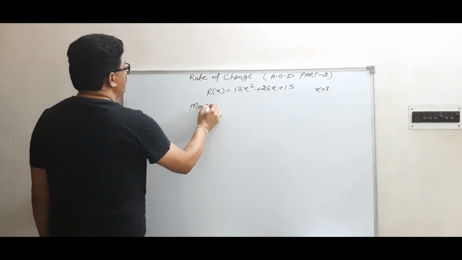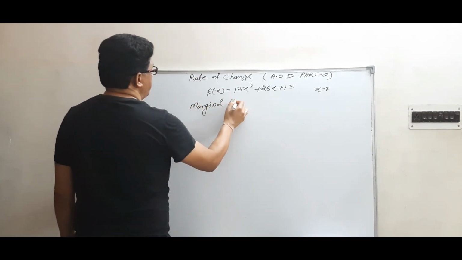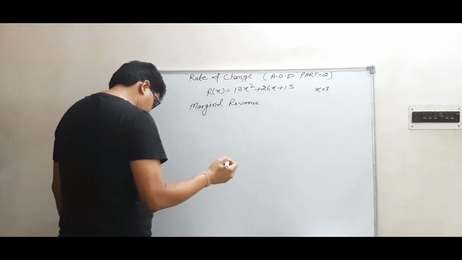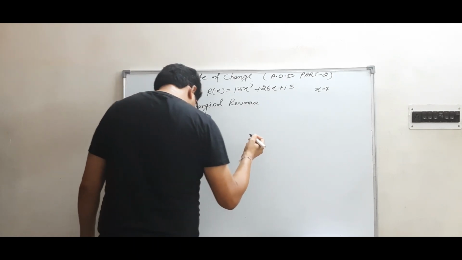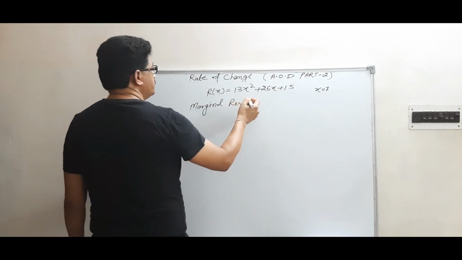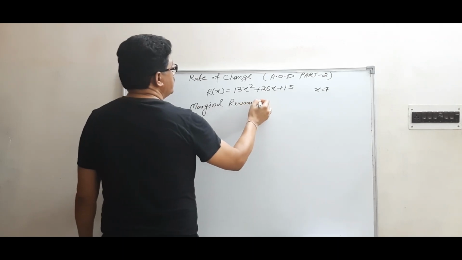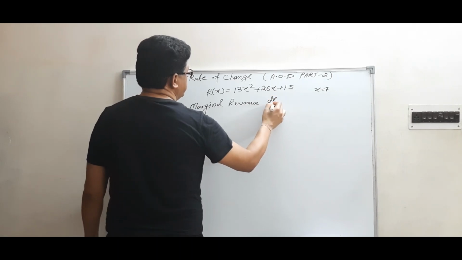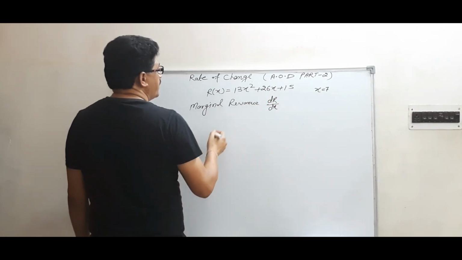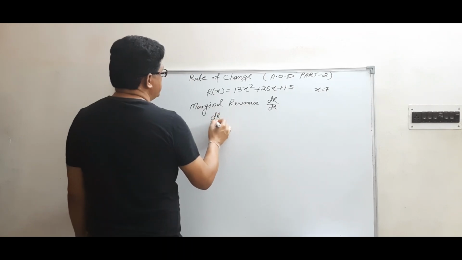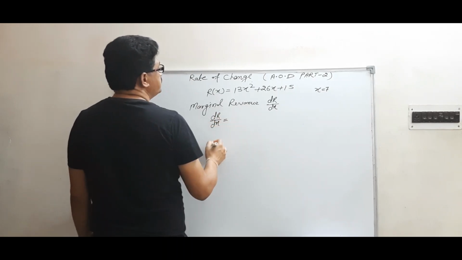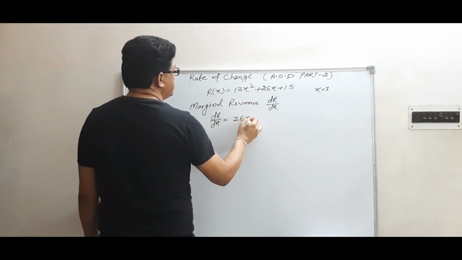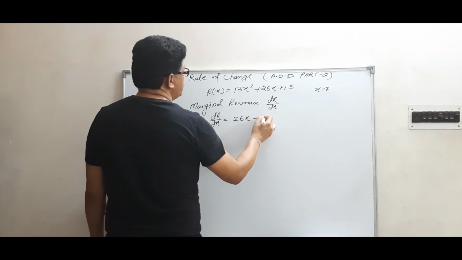Marginal revenue is dr upon dx, and dr upon dx is 26x plus 26.